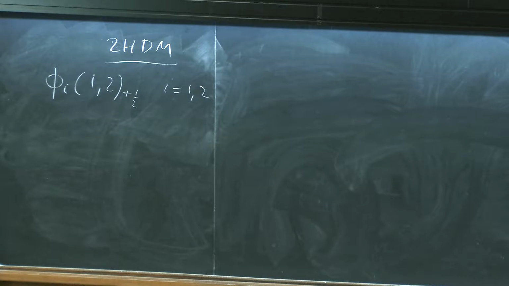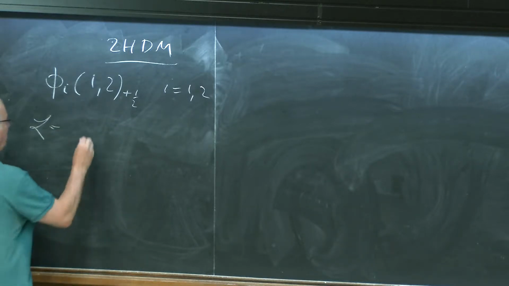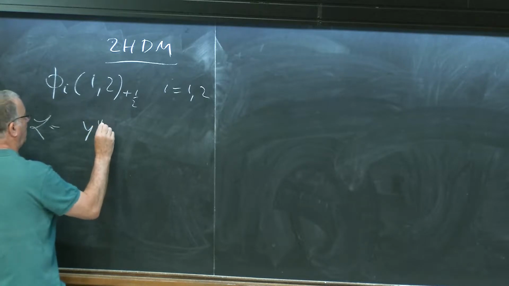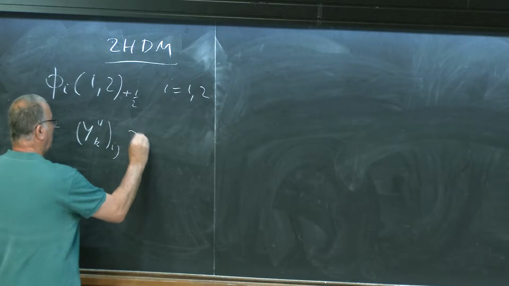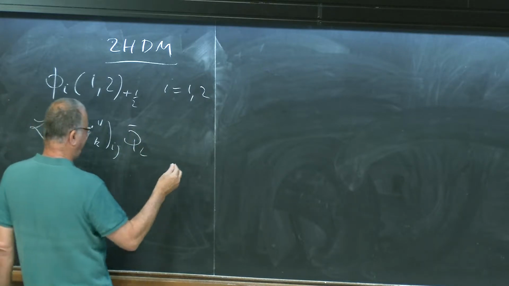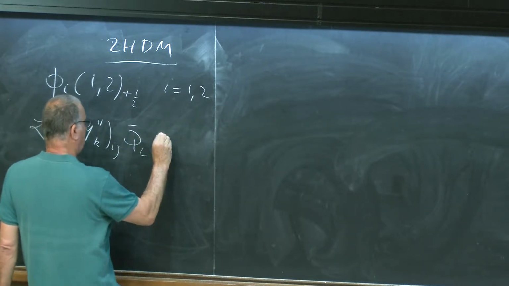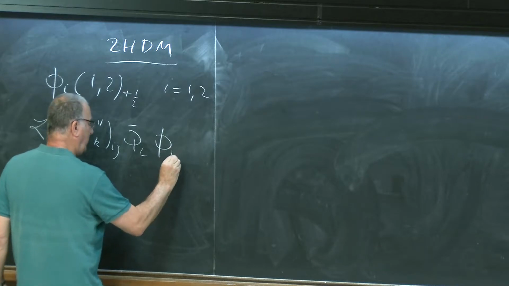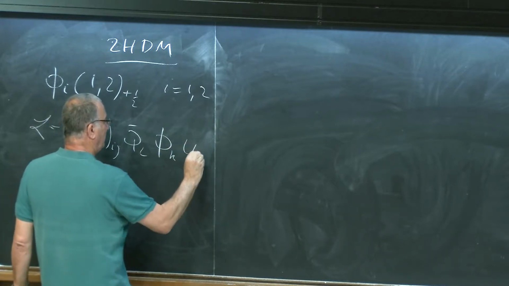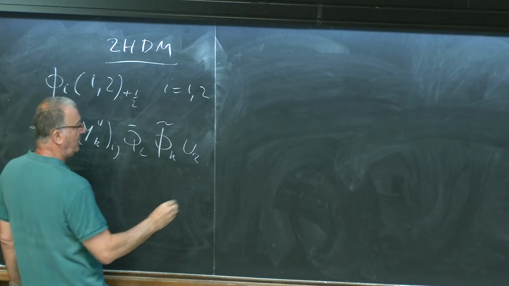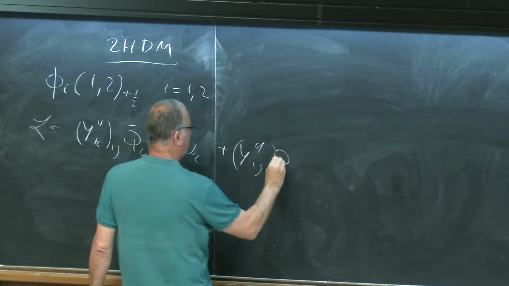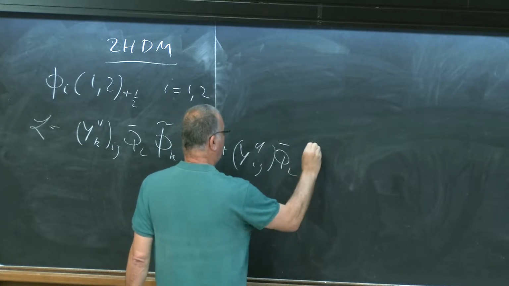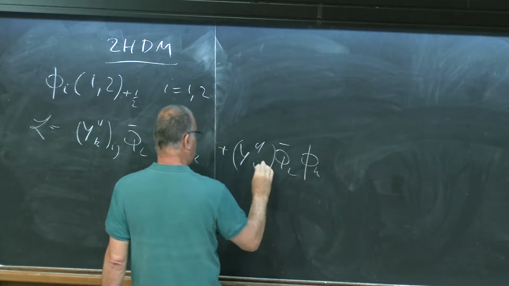What I'm interested more in is the Yukawa, and the Yukawa is a bit similar to what we had: Y^u_{kij} Q_L-bar φ̃_k u_R, plus Y^d_{kij} Q_L-bar φ_k d_R, plus Y^l_{kij} L_L-bar φ_k E_R plus Hermitian conjugate.